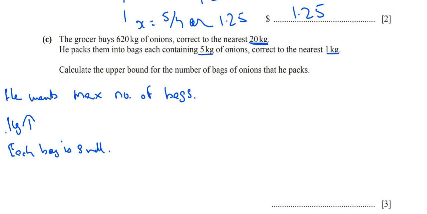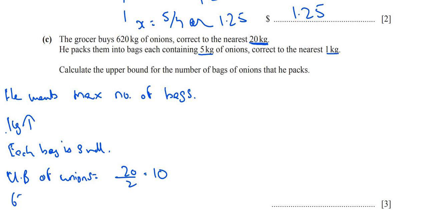So first of all, 620 kgs of onions correct to nearest 20 kg, we will find the upper bound of onions. Upper bound of onions, we will do 20 divided by 2, which is 10.